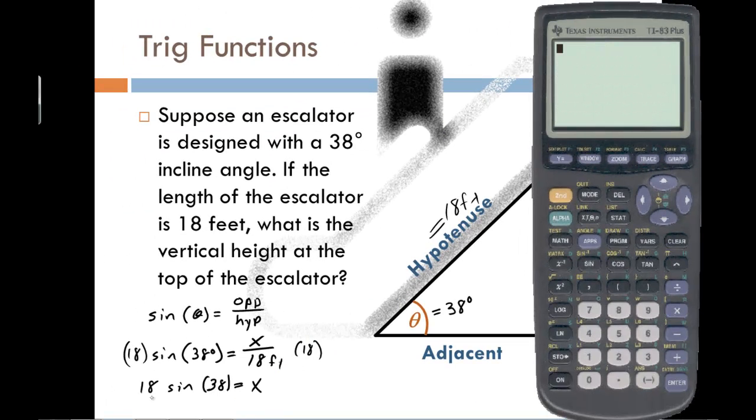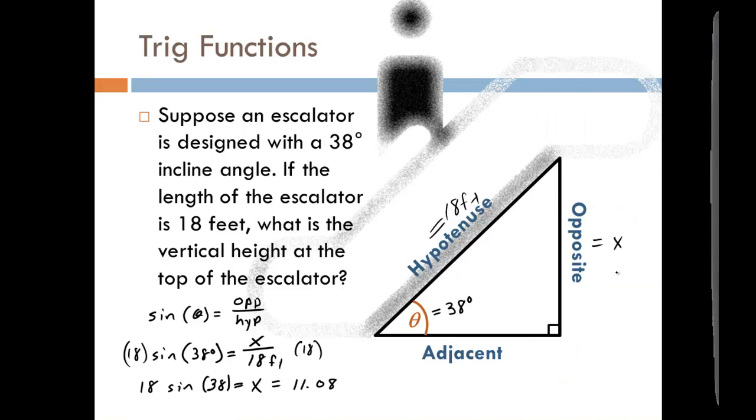So to compute this, we have 18 times the sine of 38 degrees. So we get 11.08. That means that the vertical height at the top of the escalator is 11.08 feet.